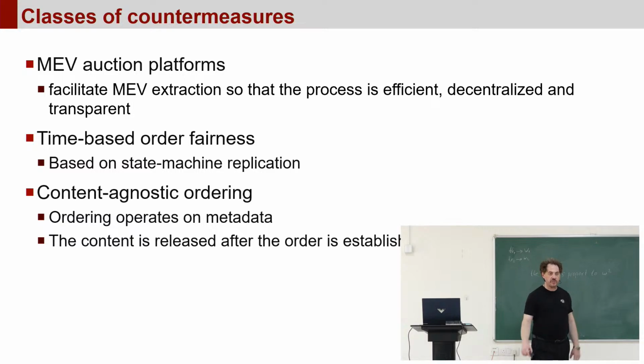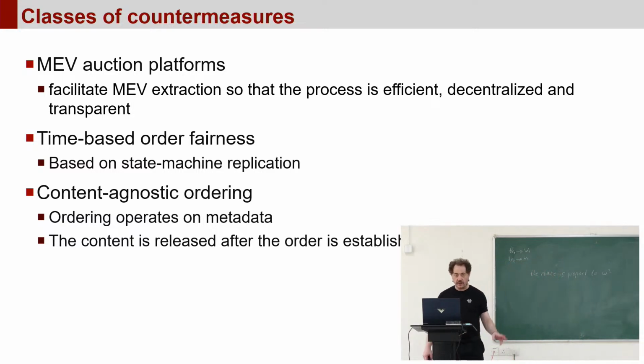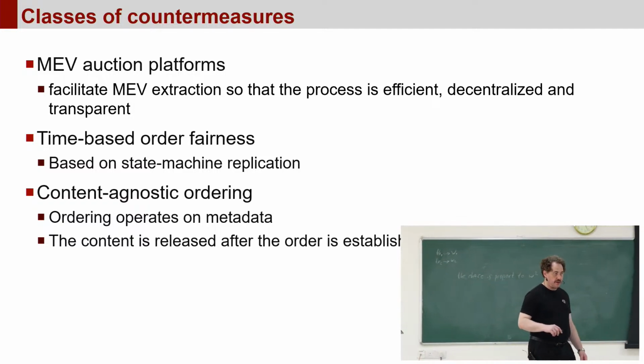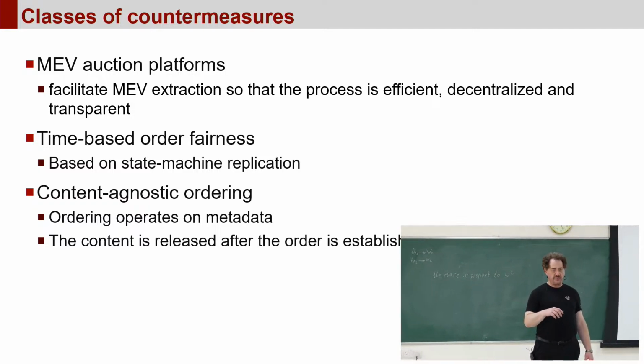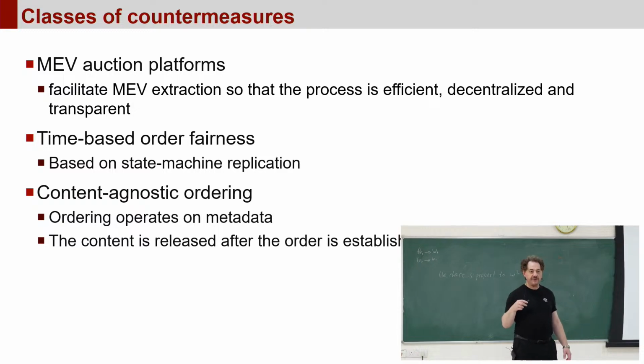And the whole process would be transparent for everyone to see. And the process would also be more efficient. So there would be no hidden jumps in network traffic and congestion. So instead of trying to prevent it, we are trying to regulate it. That's probably the right word.